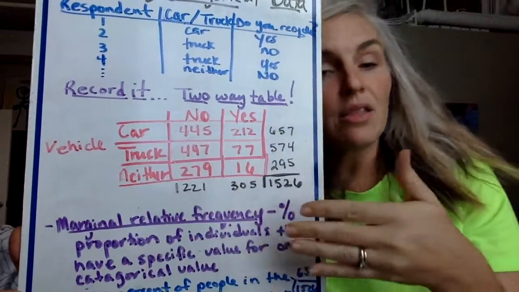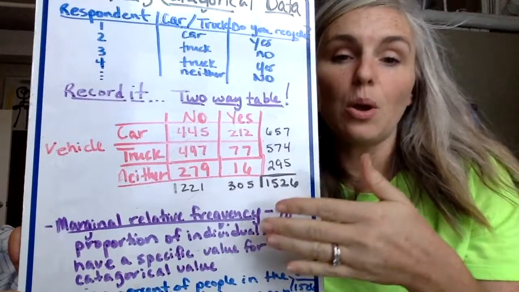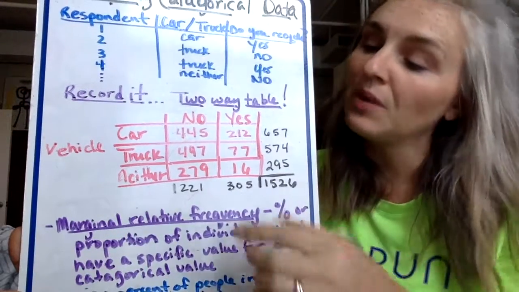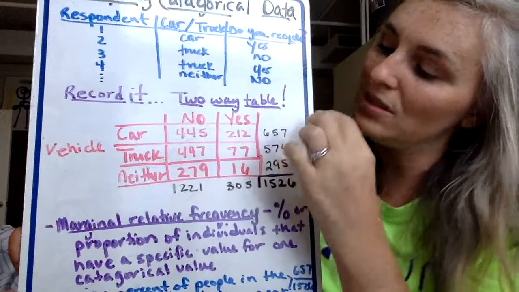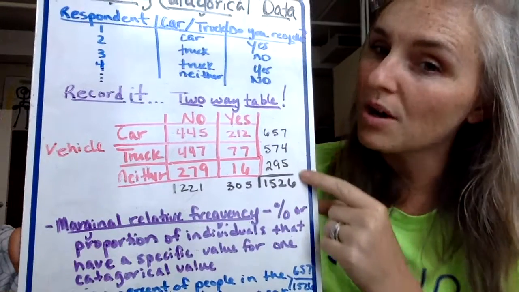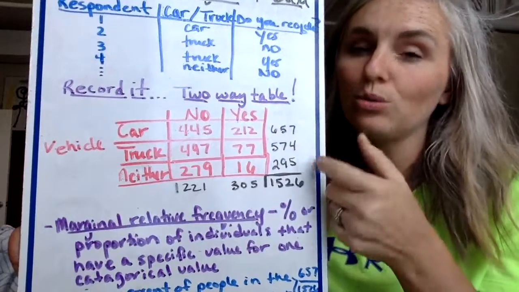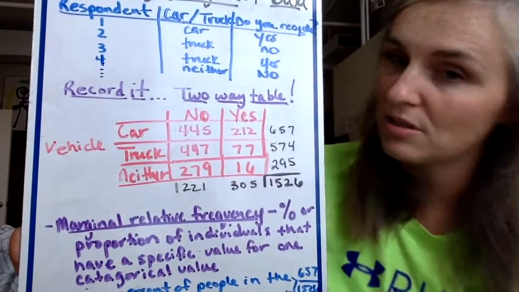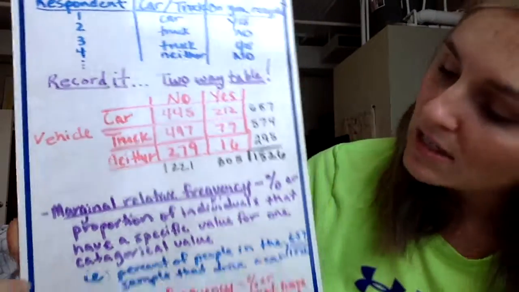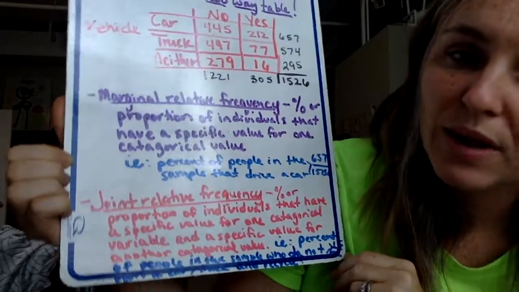So that's one thing that we can look at, and that's called marginal relative frequency, because what I need to do is sum up values in the margins, and I'll be using only marginal values, right? Only totals that I got in the margins. The next thing we look at is joint relative frequency.